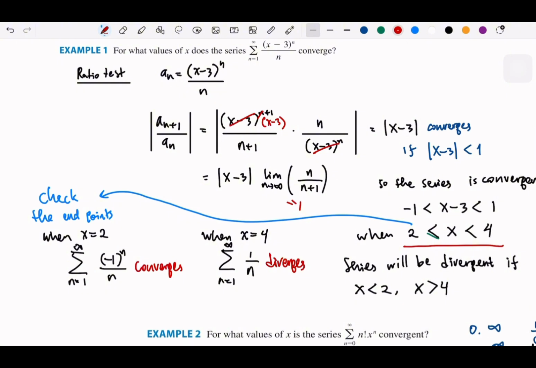And there are some cases where both endpoints diverge or both converge, which means it can be equal or not equal at all, or both endpoints. What you need to do is check. Just plug x equal to the endpoints into the series and then evaluate the series, which you have done from testing series, right?